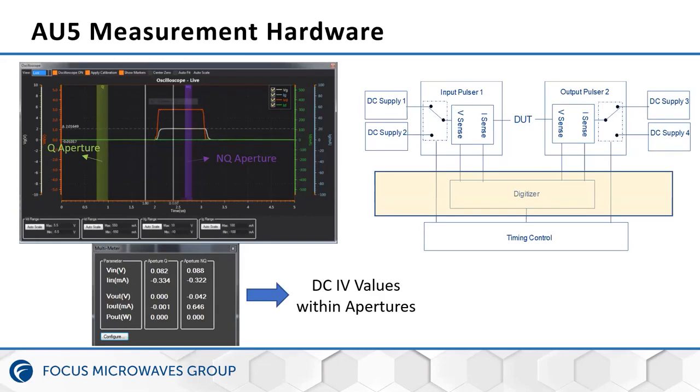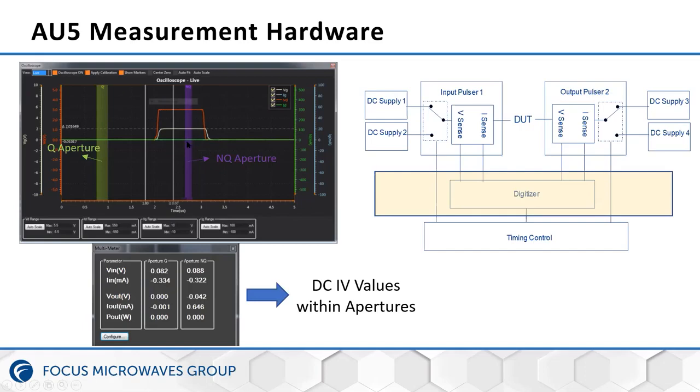Now, talking about the digitizer within the Auriga Pulse IV setup. The digitizer returns the calibrated values across the portion of the waveform that is displayed on the scope. This portion is set by the user, and usually it is set within the stable region where the pulse becomes pretty stable, for both the non-quiescent portion and the quiescent portion of the pulse.